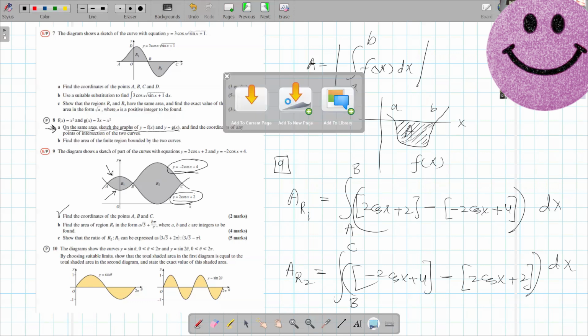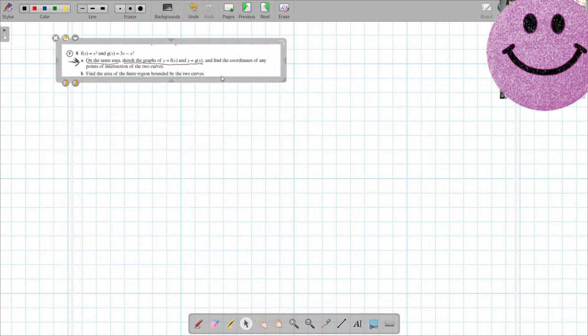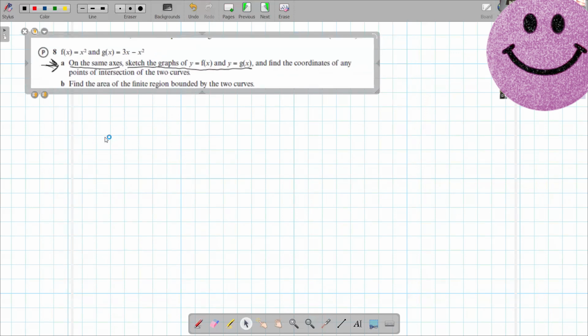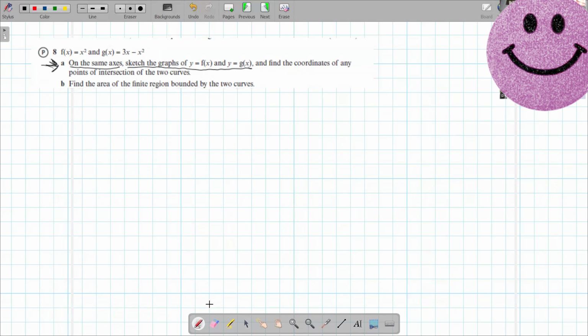Sketch the graphs. First of all, let's find the points of intersection. For sketching, we need to make a table of values, plot them all on the same axis and join them to find the graphs.